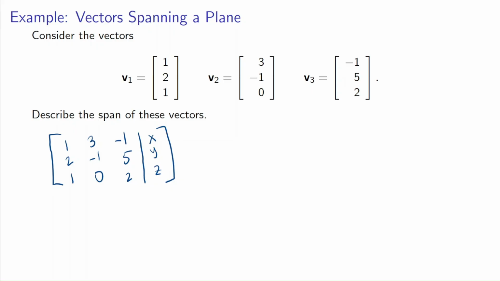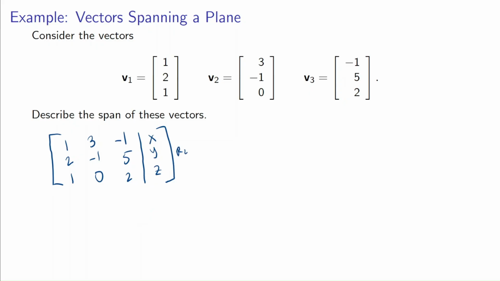Said another way, these vectors x, y, z are going to represent those solutions b to that equation Ax equals b. And so we can set this up and we want to row reduce now. So let's row reduce this.